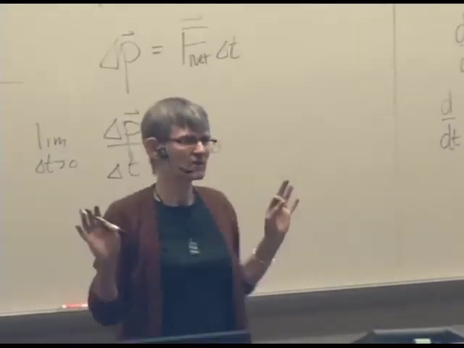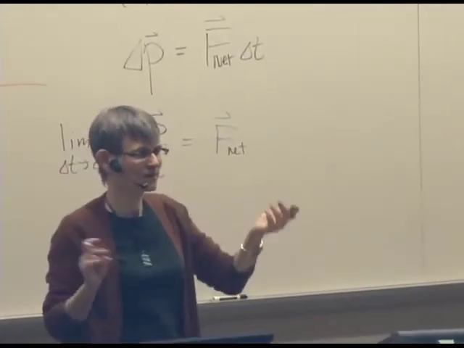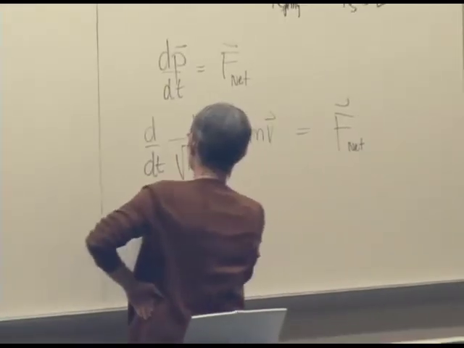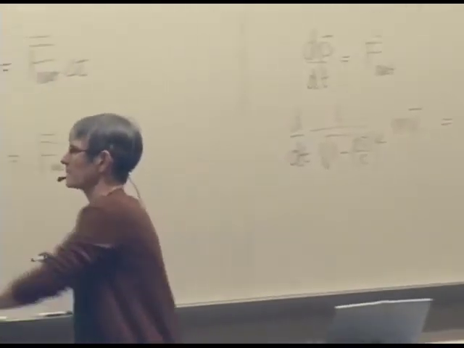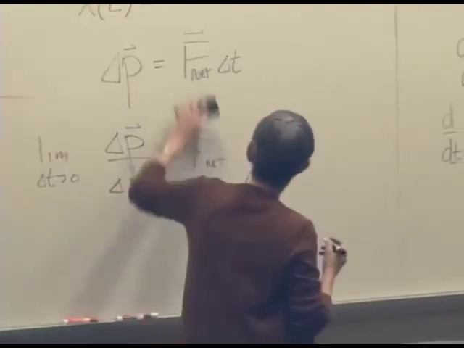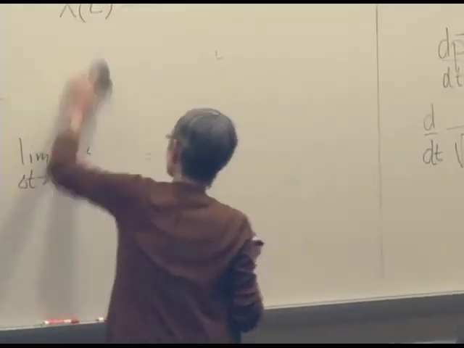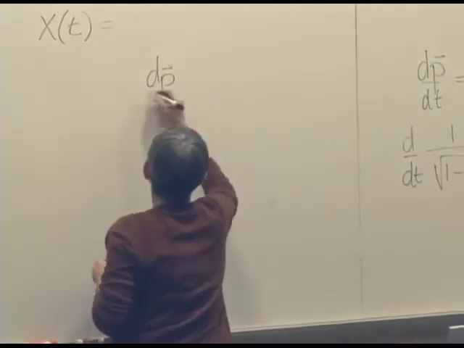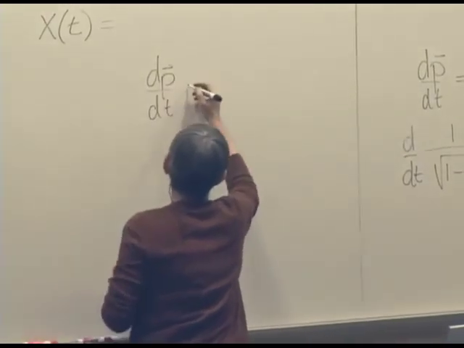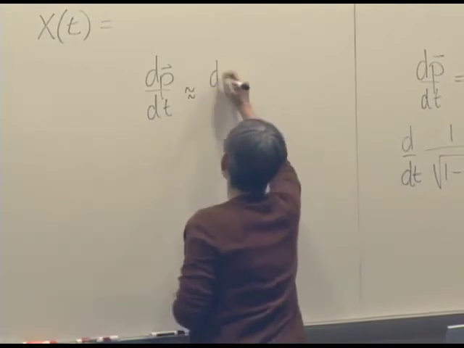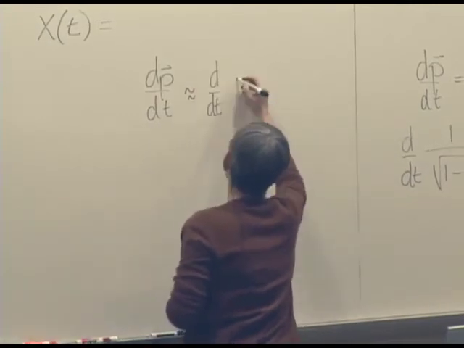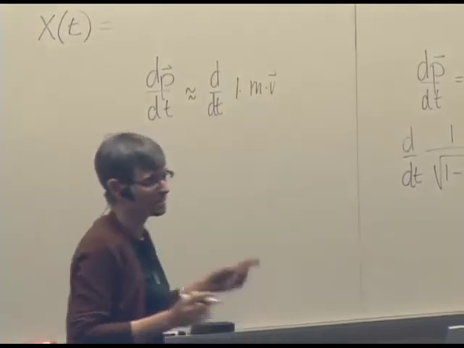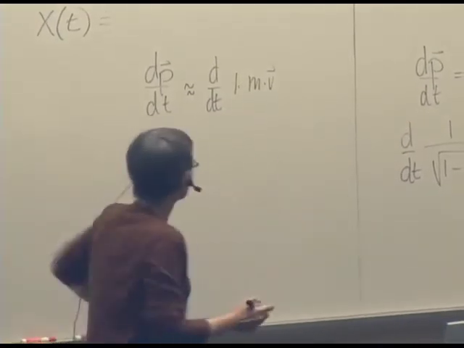Because we're working in a system that's not moving fast compared to the speed of light, we'll use the approximate form, and we'll say dp dt is approximately equal to the rate of change of 1 times mv, where gamma is approximately 1.